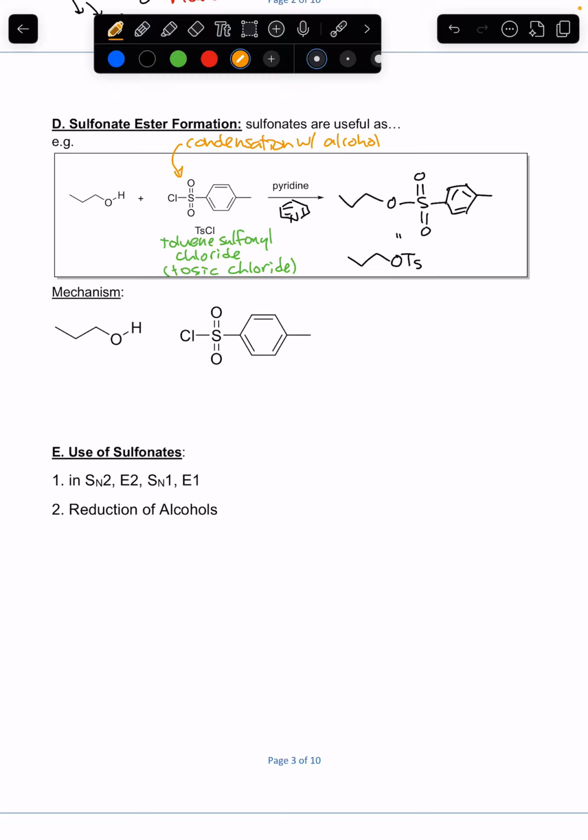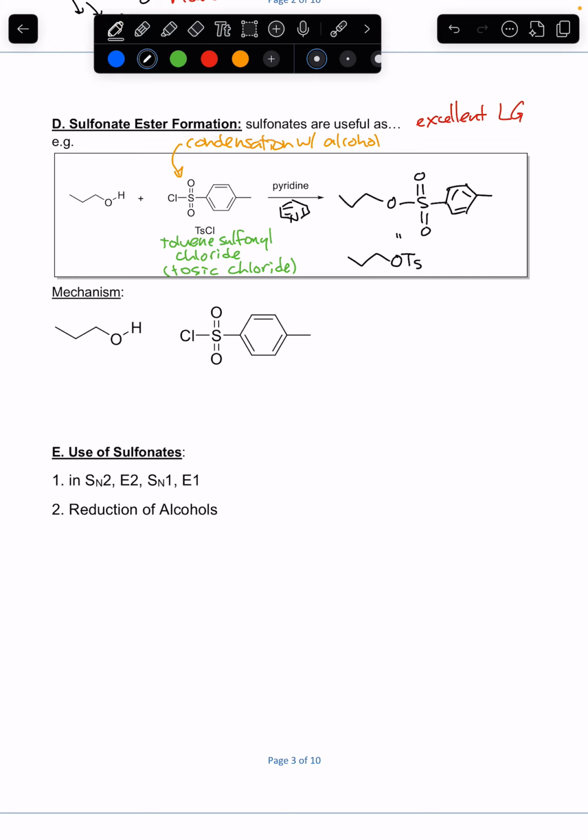It's a condensation of this sulfonyl chloride with alcohol. And of course these functional groups, sulfonates, are very useful as excellent leaving groups, as you might remember from chapters 6 and 7.